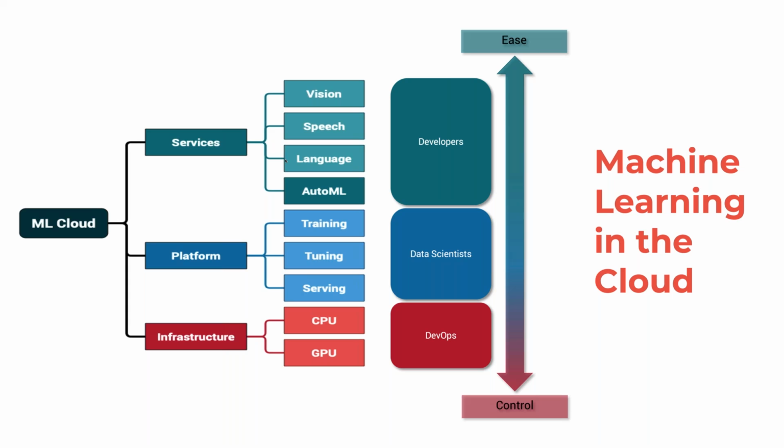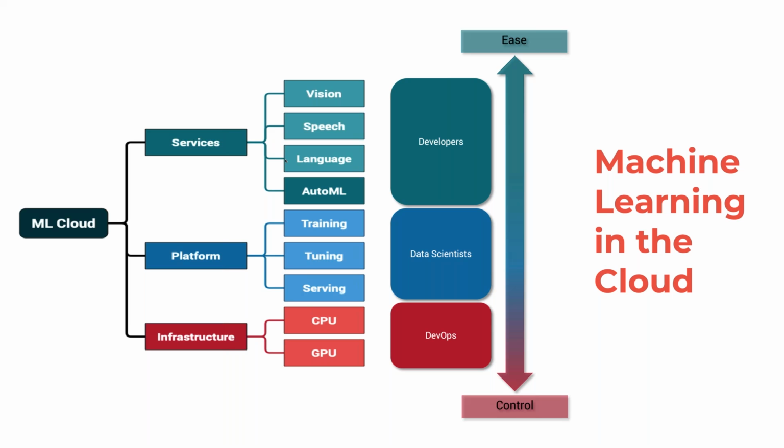Instead, they only focus on the high-level APIs that they can use from languages such as Python or R. Then we have the abstracted set of services, for example, Azure Cognitive Services, that deliver pre-trained models as APIs.